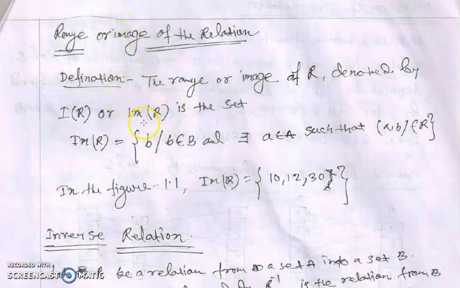Im R is represented by all such elements b such that b belongs to capital B and there exists a belongs to capital A such that (a, b) belongs to R. That means we just take all such b where (a, b) belongs to R.